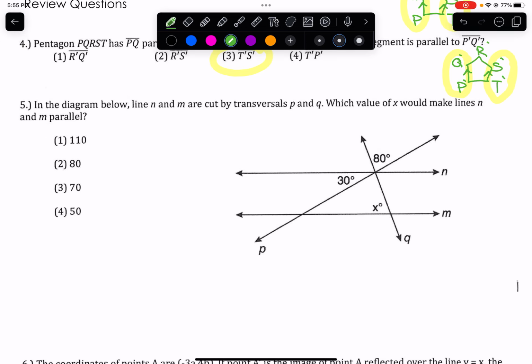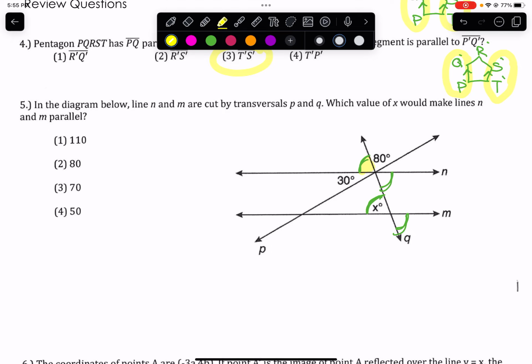In the diagram below, lines N and M are cut by transversals P and Q. Which value of x would make lines N and M parallel? So if we're looking at angle x, it is the same as all of the angles that I just marked. The only angle that I have some sort of information about is this guy.